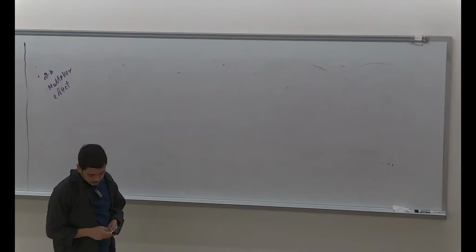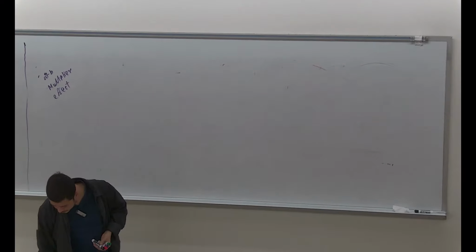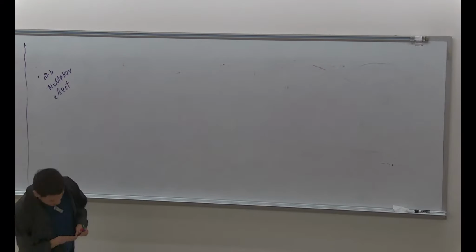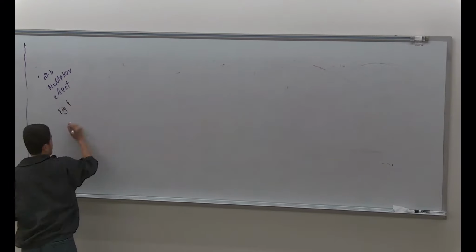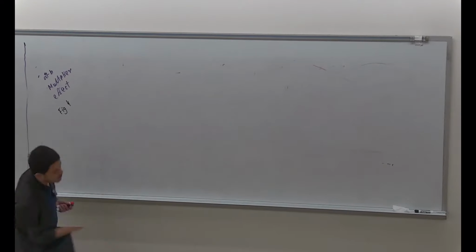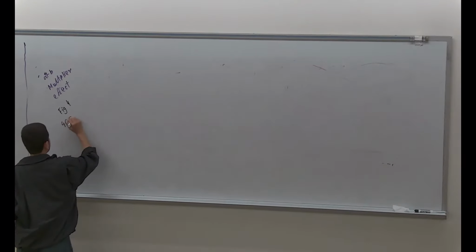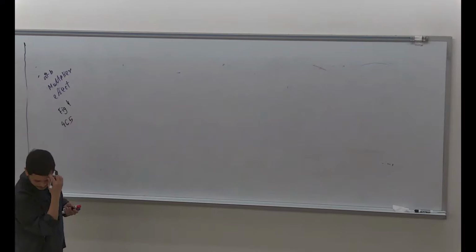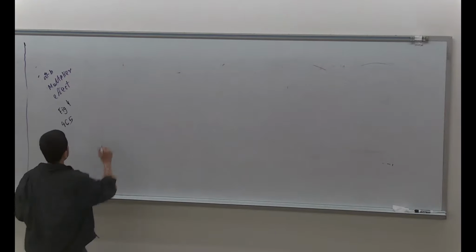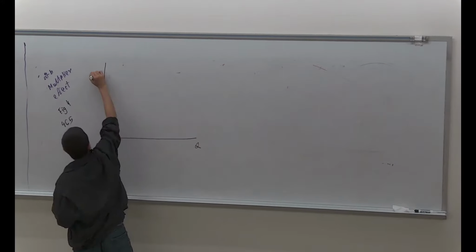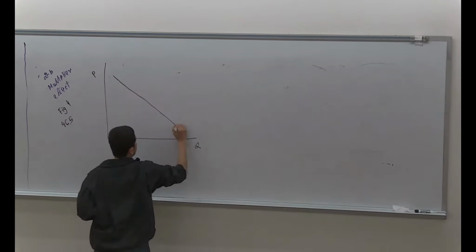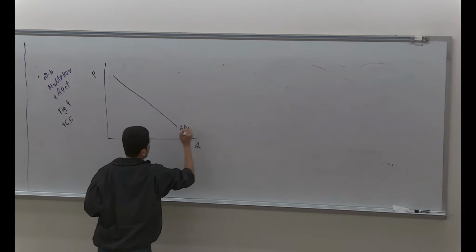Now I'll use Figure 4, page number 465. So this is our P. This is quantity demanded of goods and services. This is our aggregate demand, right? AD1.